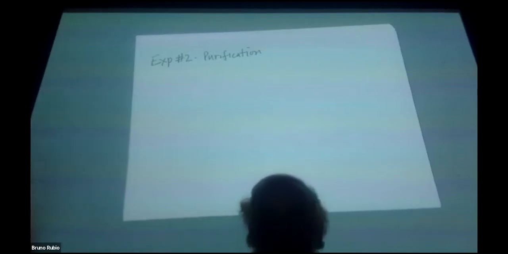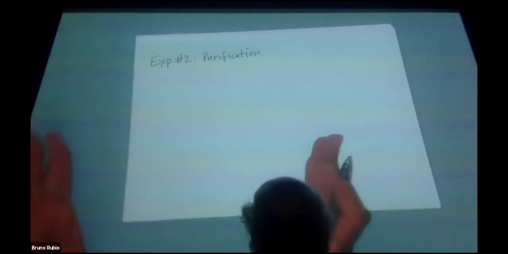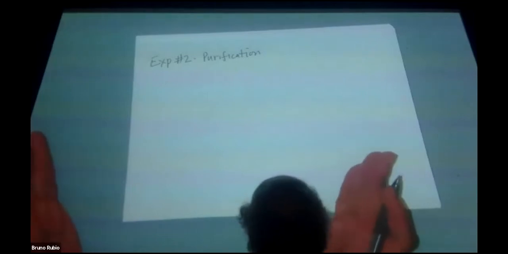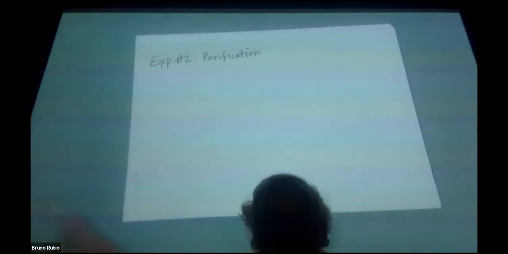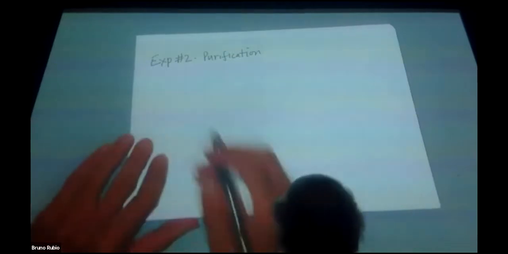Okay, so why would we need to purify anything in the first place? You mix A and B together, they react together. Isn't C the only thing that is formed? Oh heavens, no. We have to remove unwanted materials.